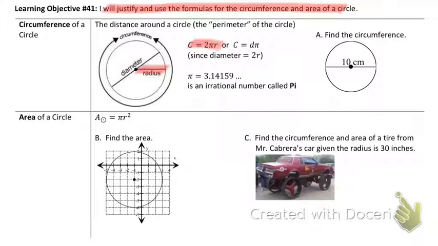So when you are given the diameter, the formula for the circumference is this formula here. Again, the formula for the circumference of the circle. So the diameter would be this measurement all the way across the circle.